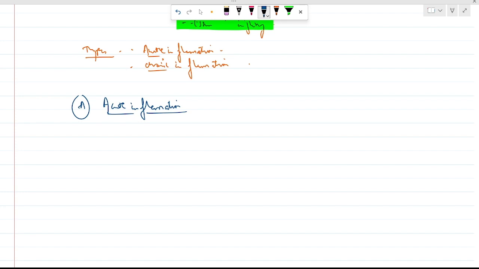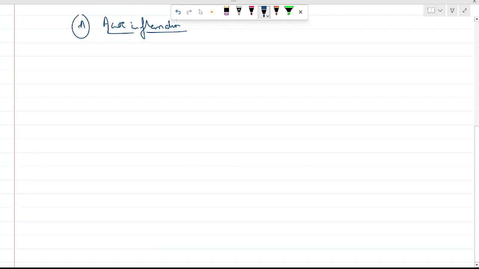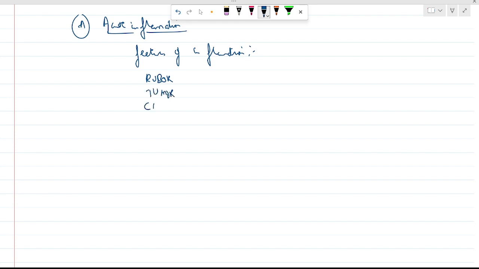Before starting this discussion of acute inflammation, I want to see some features of inflammation. Quickly, we are going to see some features of inflammation. First is rubor, R-U-B-O-R. Then there is tumor. Third one is calor.